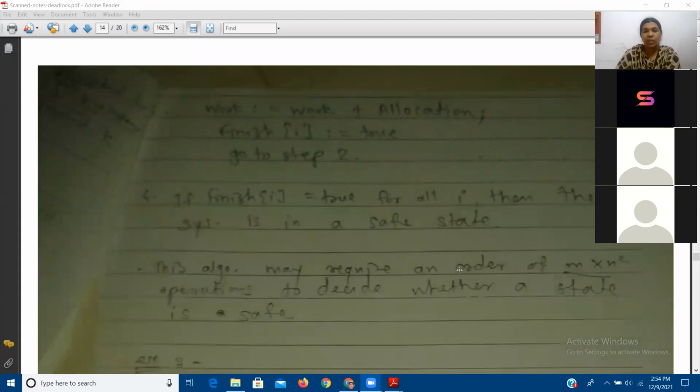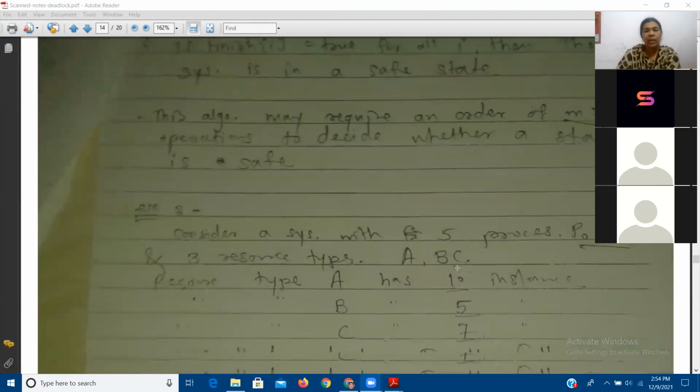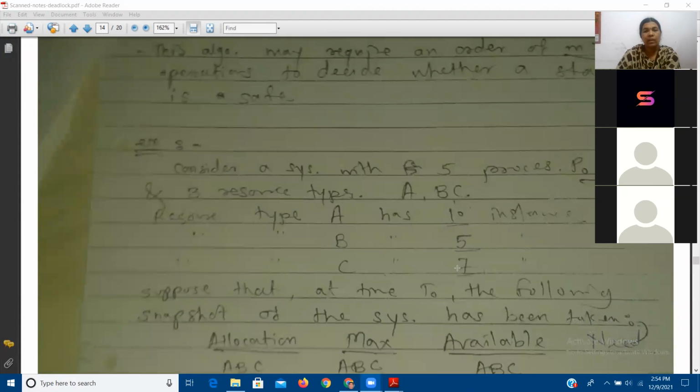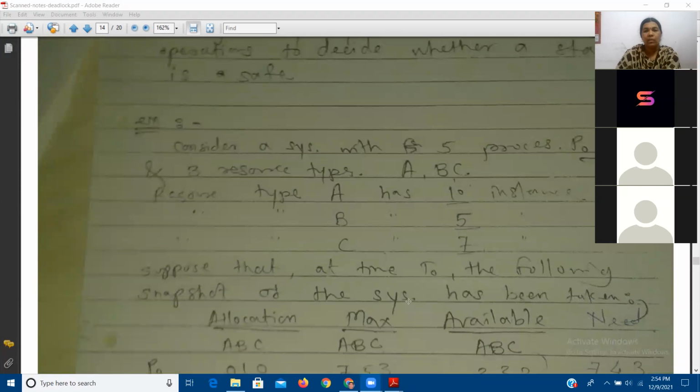Based upon this algorithm, now we are taking one more example which is somewhat difficult. Consider a system with 5 processes P0 to P4 and 3 resource types A, B, C. Resource type A has 10 instances, resource type B has 5 instances, and resource type C has 7 instances.